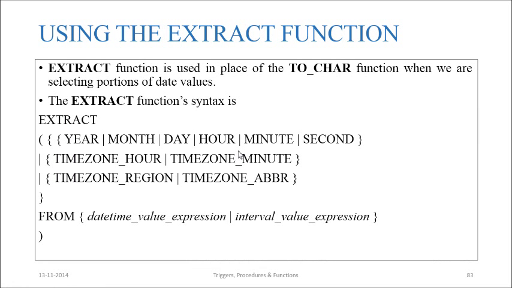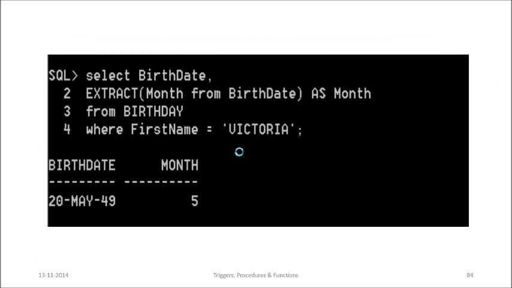Using the extract function. The extract function is used in place of the to char function when we are selecting portions of the date values, only when we want some part of the date value, not the whole. The extract function syntax is extract year, month or day, hour, minute, or the time zone region or time zone abbreviation we need, from the date value expression given.